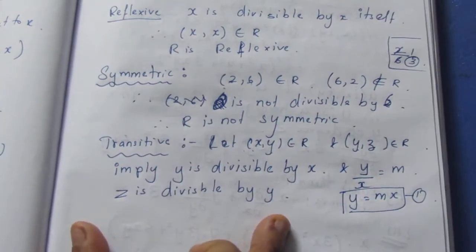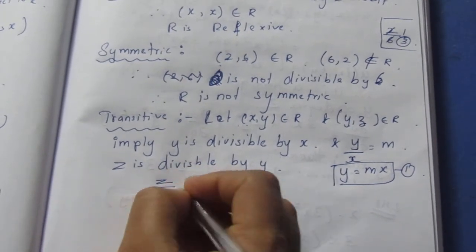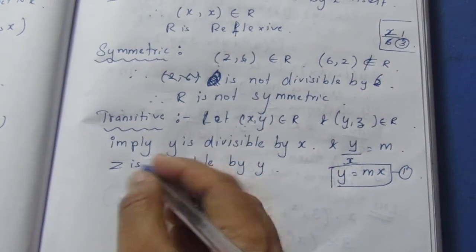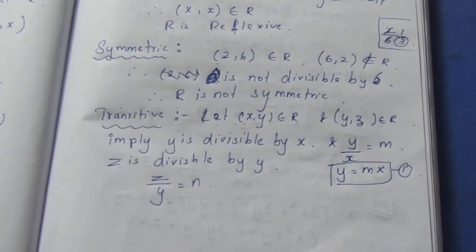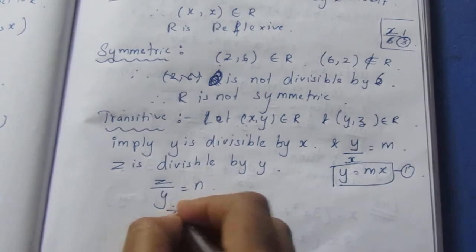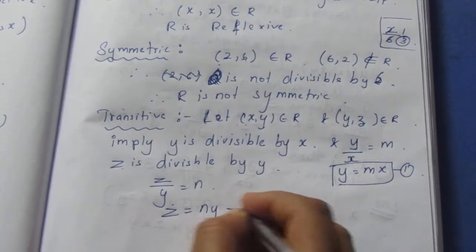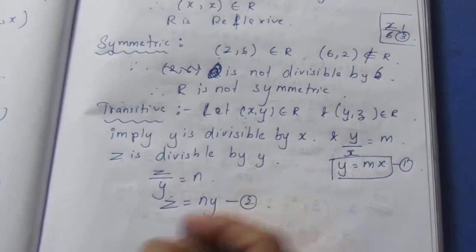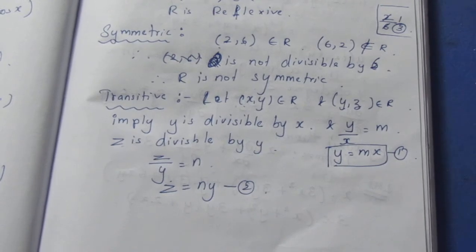Now for the second, this is divisible by this. This means z by y is equal to, I am taking another value because we know that z is divisible by y. I am taking this to be n. So if y goes to this side, we can write z is equal to ny. Taking this condition as 2, substituting this value here, instead of y, I am just substituting mx here.